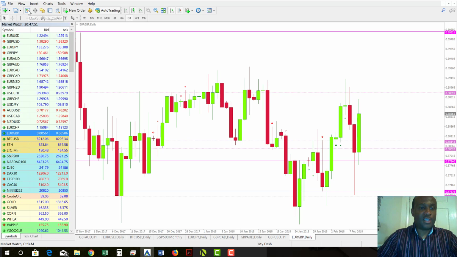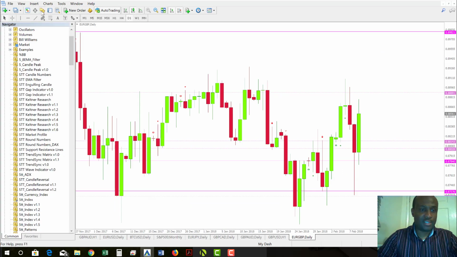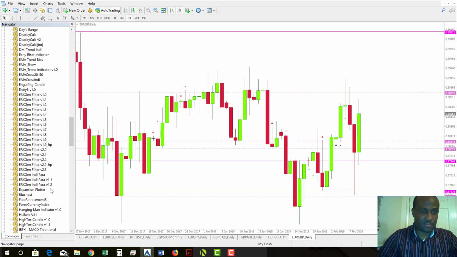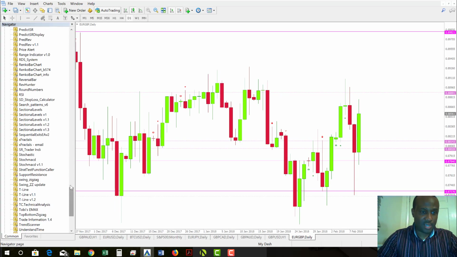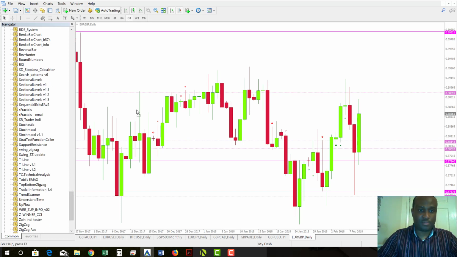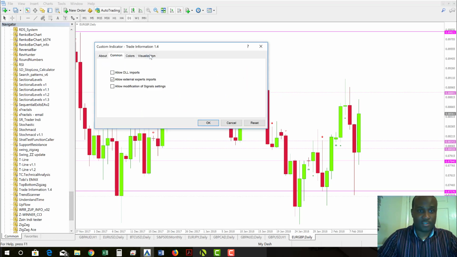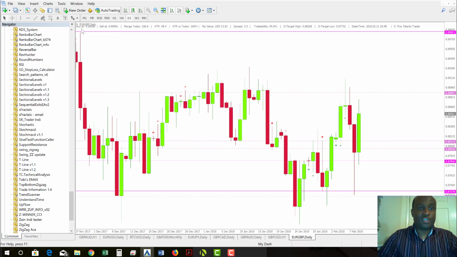There is an indicator that again I will add to this that just helps in checking things out for me, and that indicator is one of my indicators I call trade information. Now, nothing to set up on this, just drop it on the chart, and what it does is it prints out these comments on the chart.